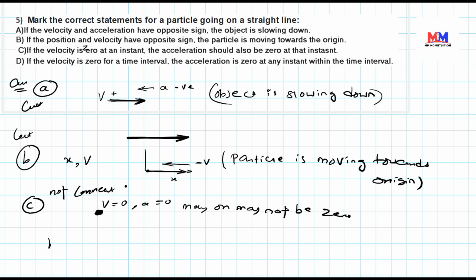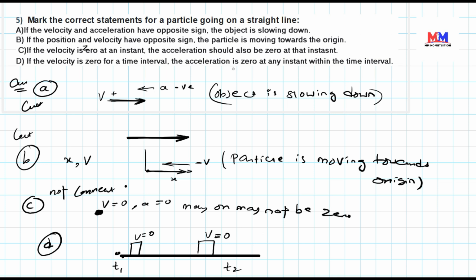Option D. If the velocity is 0 for a time interval, acceleration is 0 at any instant within the time interval. Suppose from t1 to t2 the velocity is 0.